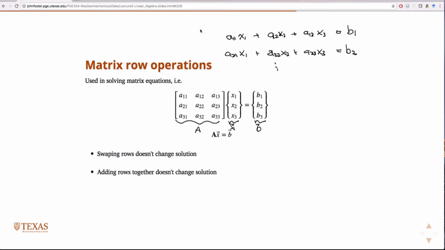And so we do this all the time. Multiplying a row by a scalar doesn't change the solution, right? We all know this. If you have an equation and you multiply both sides of the equation by a number, it's still the same equation. It doesn't change the solution.